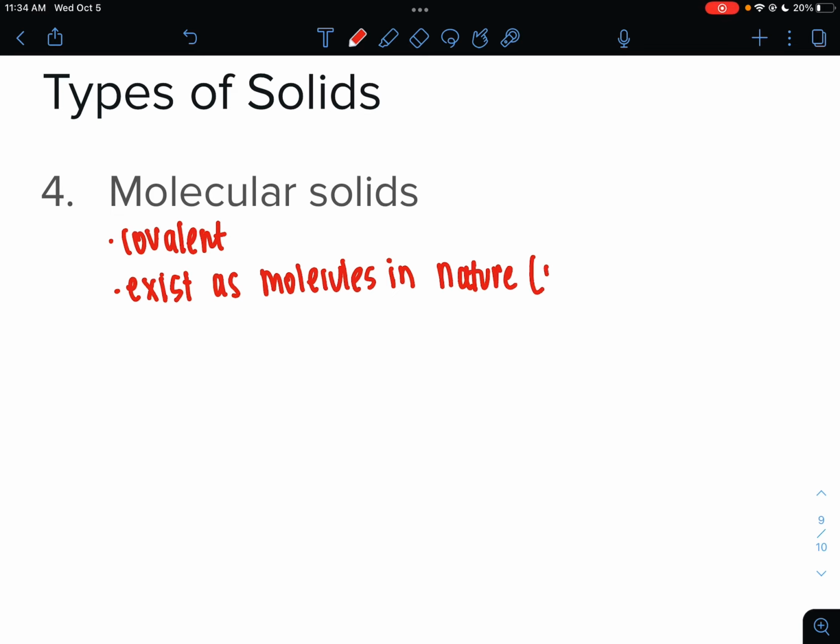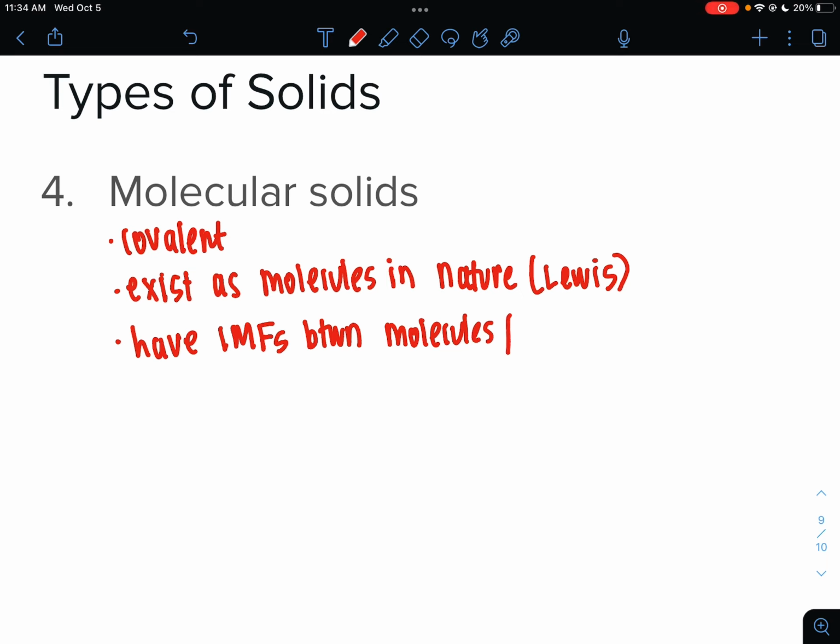Essentially, these are the ones we draw Lewis structures for. Right, we just did a whole bunch of those last unit. This is where all of your IMFs come in. So they have IMFs between those molecules. Or just individual atoms if it's a noble gas.